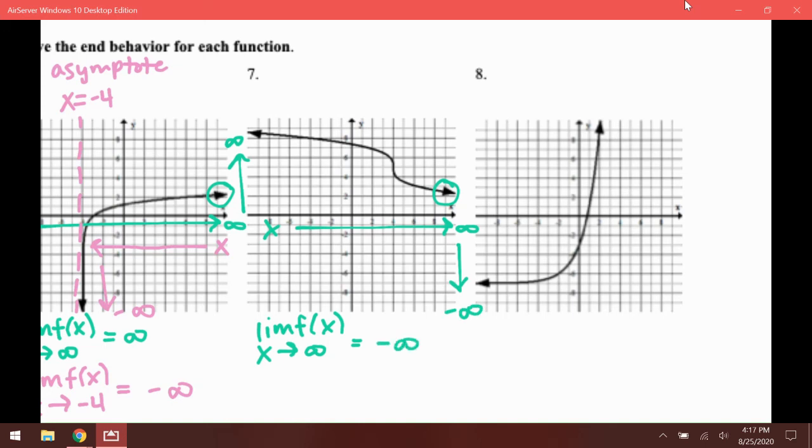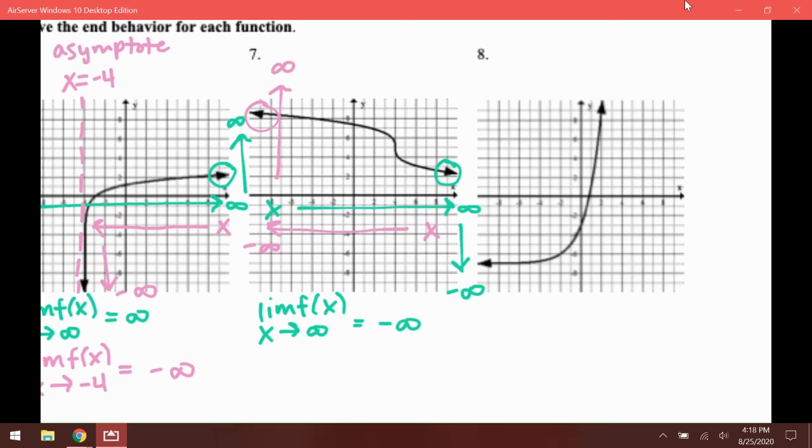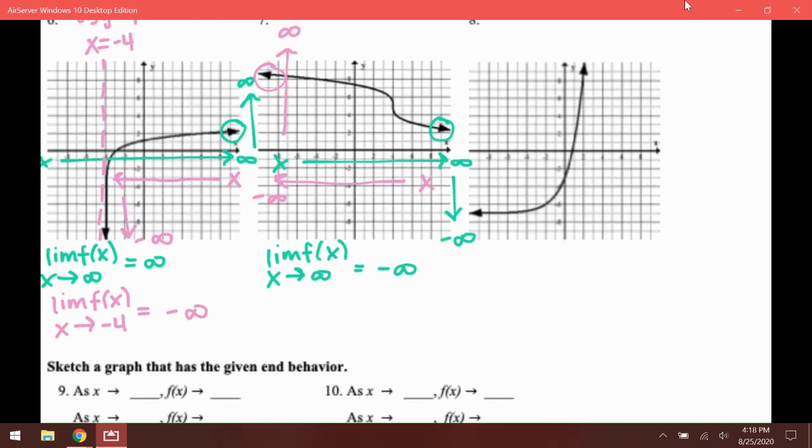And then we go the opposite way. As x approaches negative infinity, that's my left arrow, my y's are approaching positive infinity. Okay, so to write it in limit notation, that's the limit of f of x as x approaches negative infinity equals positive infinity.